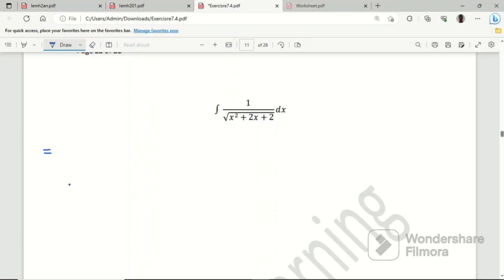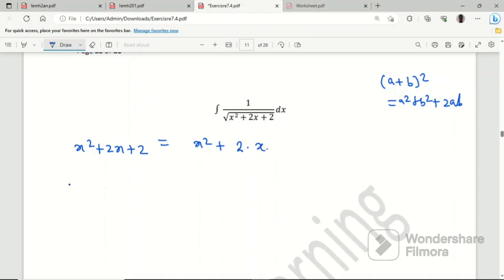So right now I'm just directly showing how to solve a quadratic equation, how to change the quadratic equation into the form of our formula. So x square plus 2x plus 2 is there. I can write x square plus, using the identity a plus b whole square equals a square plus b square plus 2ab. It is x square, fine, plus 2 into a into b.